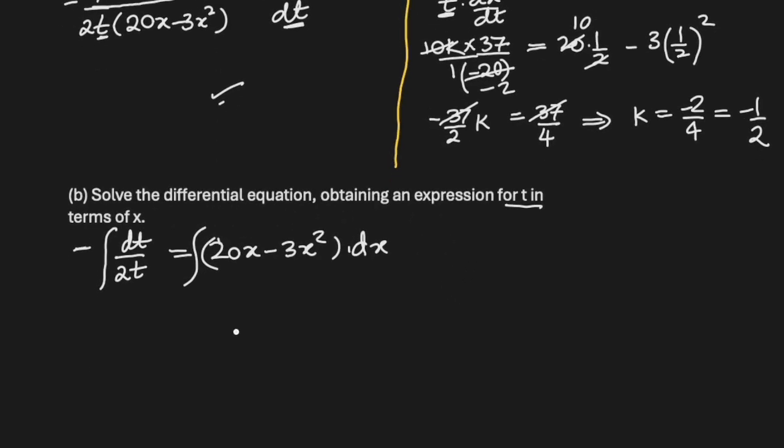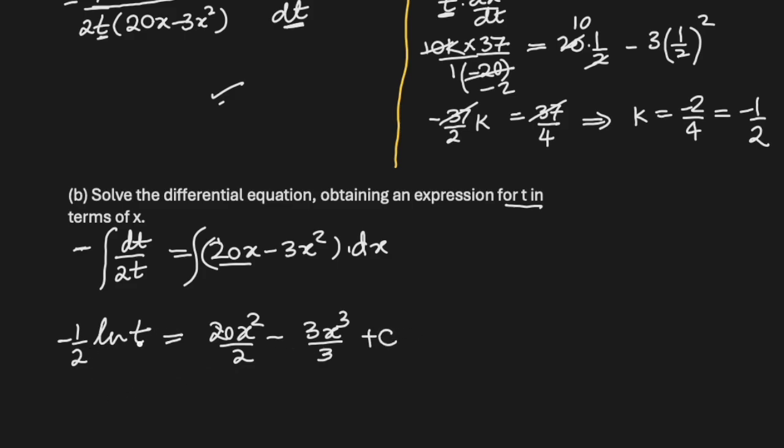So 1 over t dt is natural log t, right? And minus half remains minus half. Let's keep it in front. So minus 1 over 2 stays out, and dt over t gives us natural log of t equal to the integration of 20x, which will be 20x squared over 2 minus 3x cubed over 3 plus c. Right?